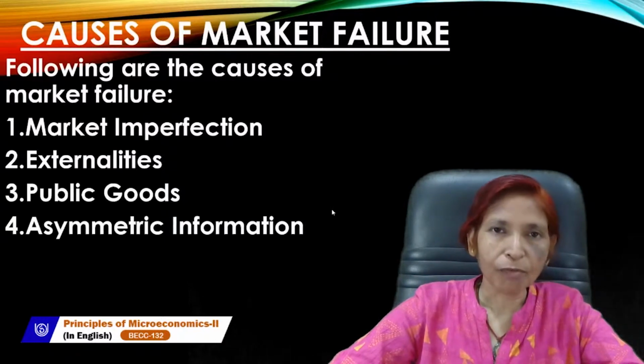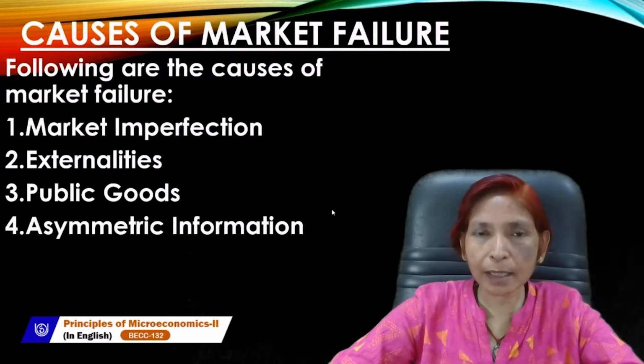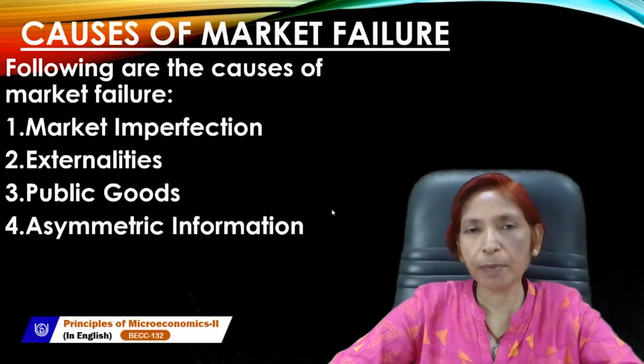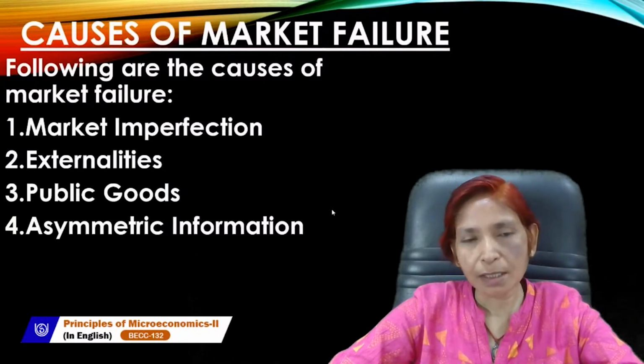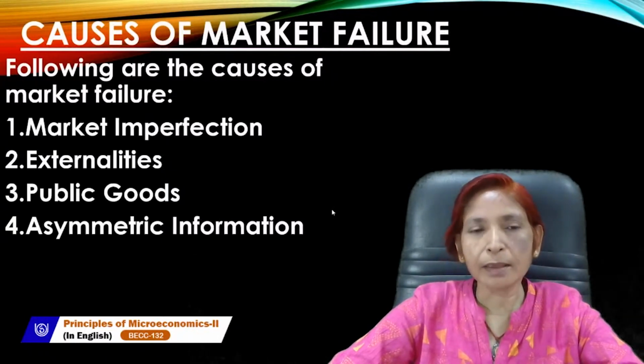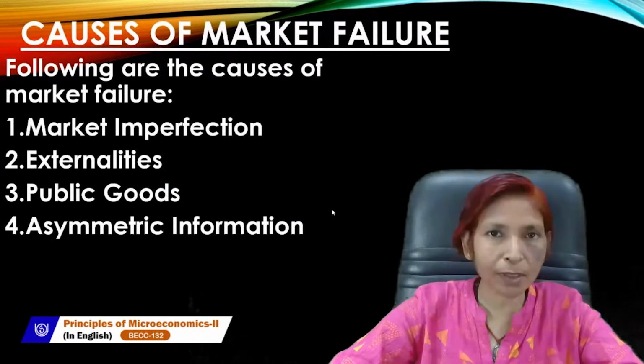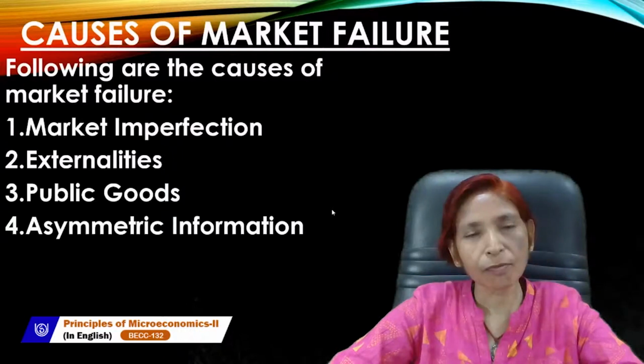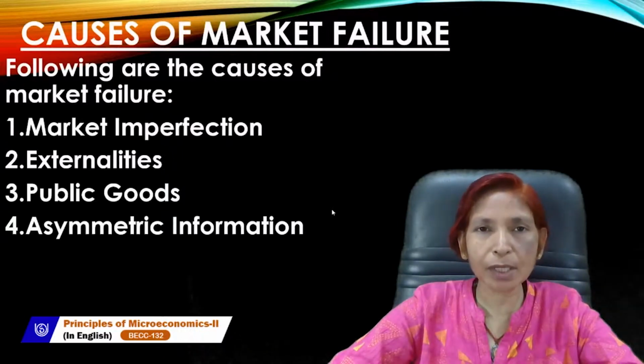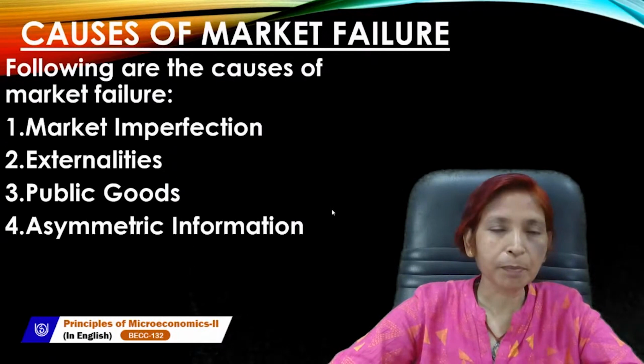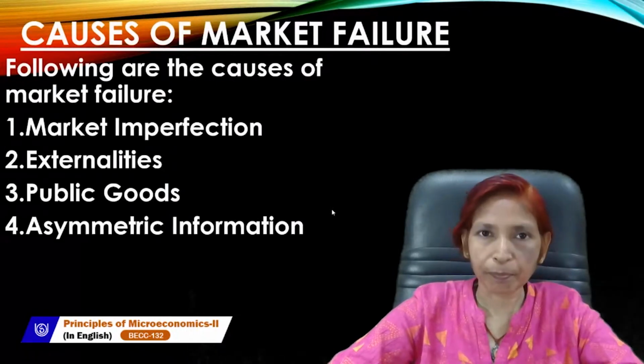Where the demand and supply curves intersect each other, the equilibrium price is determined. And that price, which is determined by the industry, is taken over by these firms. So we can say that a perfect competitive market is a price taker market, not a price maker. And in this market, price always remains uniform or the same.